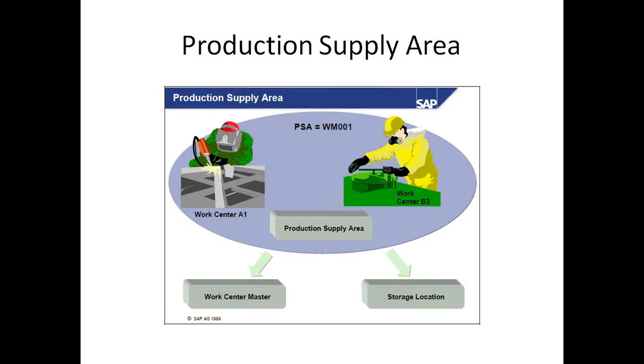In order to do the integration process with production, we need to create some master data. We have a production supply area. The production supply area is the place near the work centers where we keep the materials.